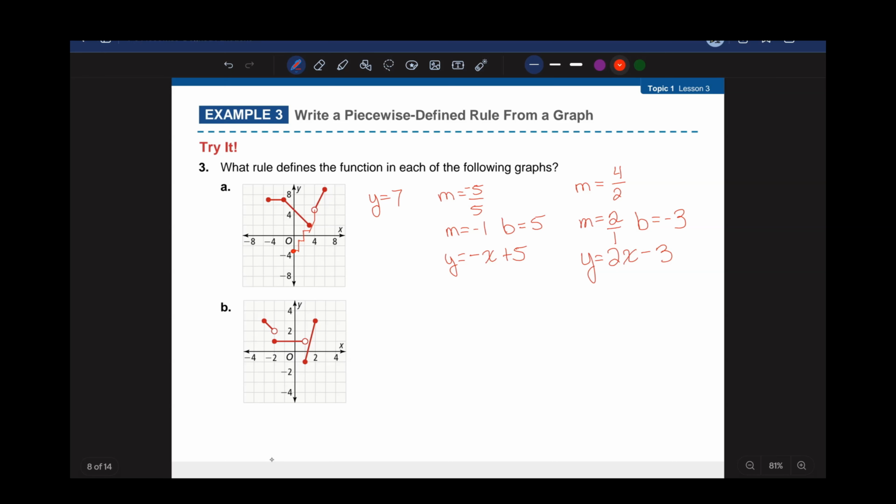All right, so I'm going to write my function, f of x equals, so we have negative x plus 5, 2x minus 3. Put your brace, comma, comma, comma, if. And then state what x values. So this one goes from negative 5 to positive 2.